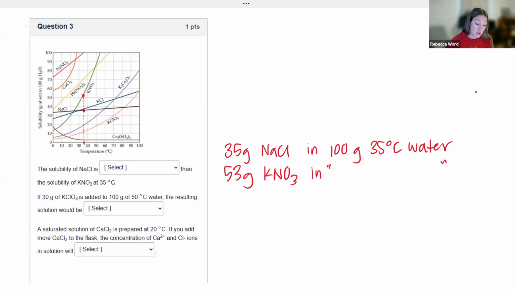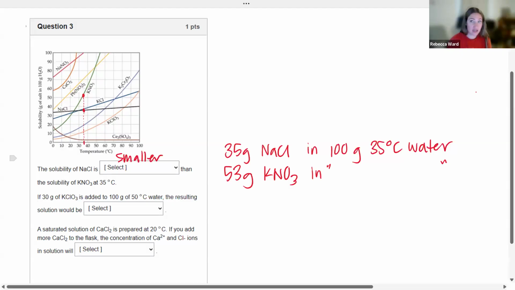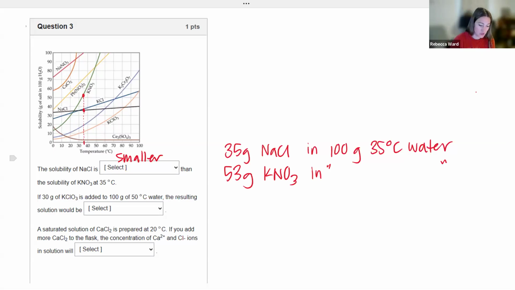So KNO3 is more soluble. When you go to that drop down, you would select is smaller than, because I can't dissolve as much NaCl as KNO3 in the same amount of water at the same temperature. So KNO3 has a greater solubility, or I could say that sodium chloride has a smaller solubility.